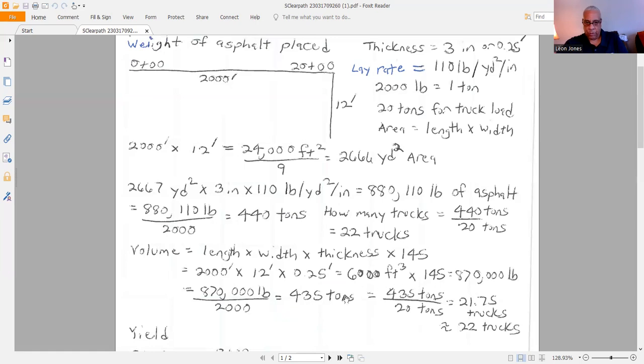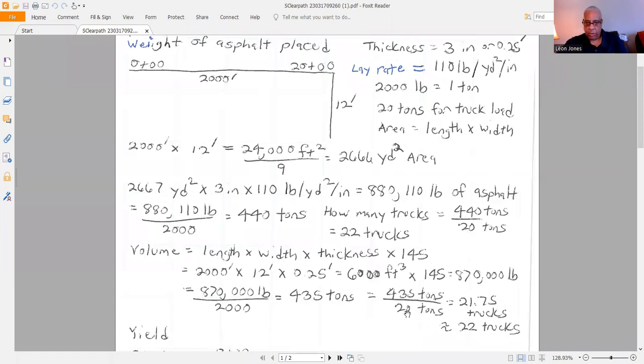Now, looking at the equation, I took 435 tons that I got from this equation by dividing 870,000 pounds by 2,000 pounds to get my tons. And I utilized the same tonnage for one truck of 20 tons.